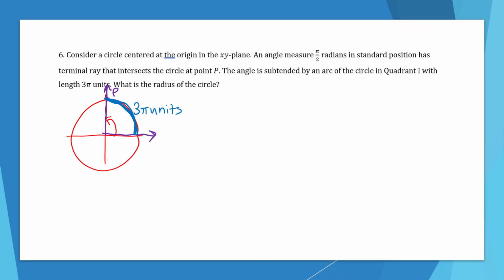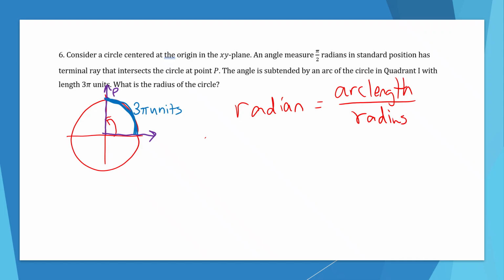So here what we want to do is remember our radian angle measure formula. So radian measure is going to be equal to arc length over radius. And so our radian angle measure is pi over 2 radians. So pi over 2 is equal to our arc length, which is given to be 3 pi, over the radius. And then we're asked to find our radius, so just solving the equation for that question mark there.